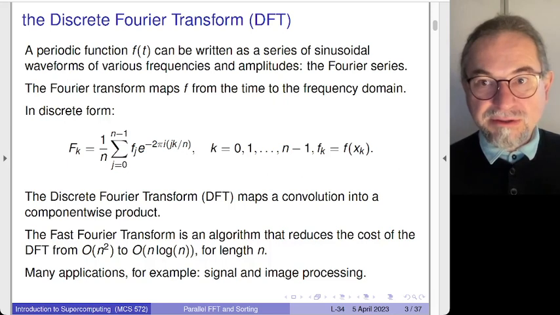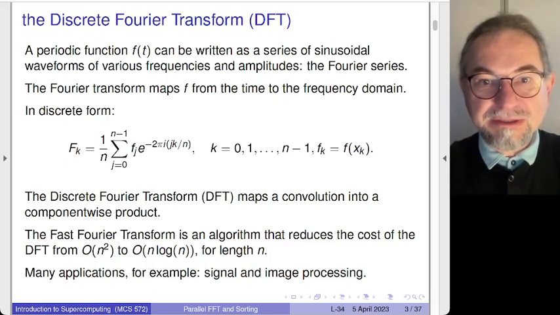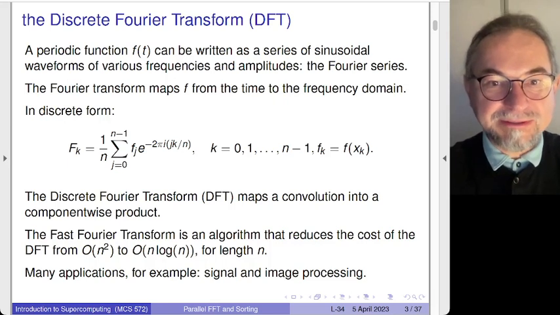Here is the formula. It looks a little bit scary, but if you are familiar with complex arithmetic, it is very straightforward, immediately to implement.